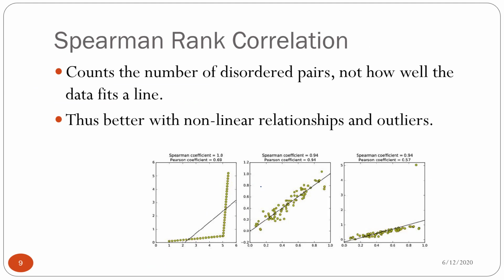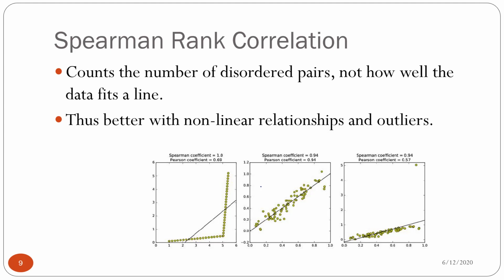Alright, so we have looked at one correlation coefficient, which was Pearson's correlation coefficient. Let's have a look at another correlation, which is called Spearman rank correlation. This is somewhat different from Pearson's correlation, because Pearson's correlation is based on fitting a line through the data set, which is related to linear regression.